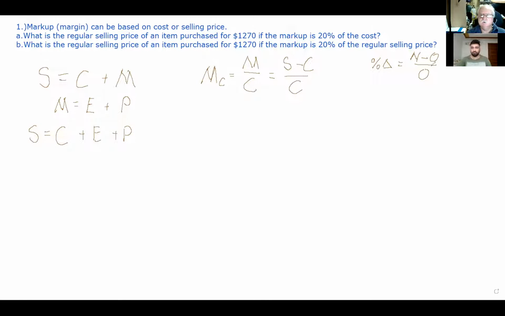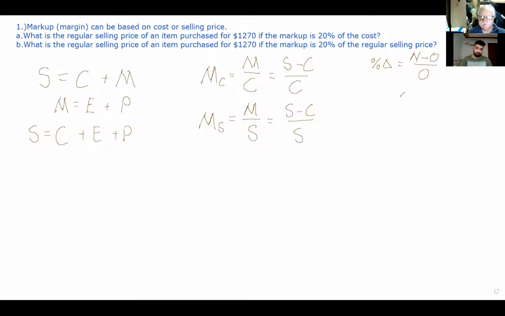However, to make things strangely complicated, they tell us that some stores operate where their markup is based on their selling price. So now we're looking at markup divided by selling price, which is selling price minus cost over selling price.